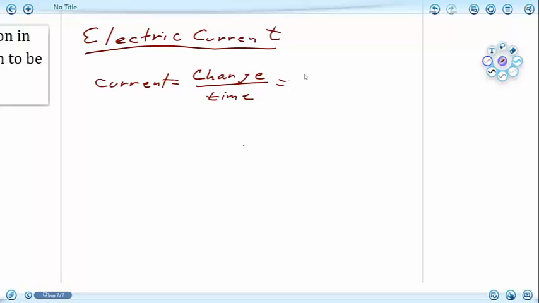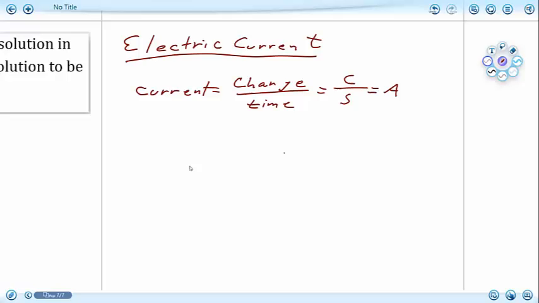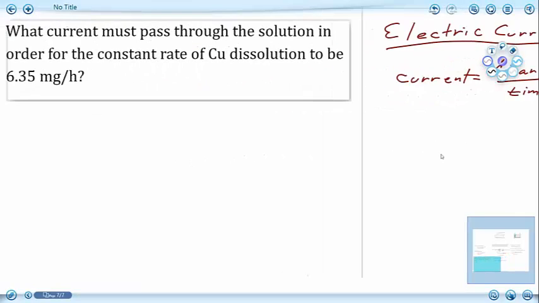The units of charge, again, are going to be coulombs, and typically we use seconds for the time, because then coulombs per second is also an amp. We now have the information that we need to answer questions such as the following.